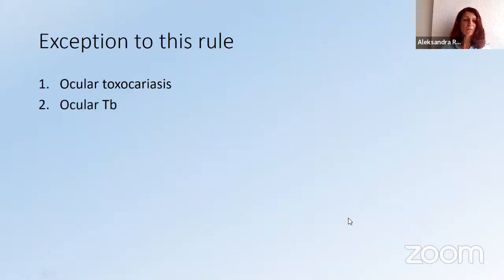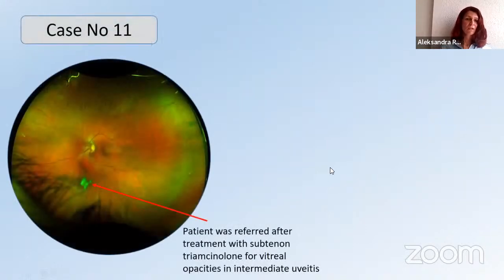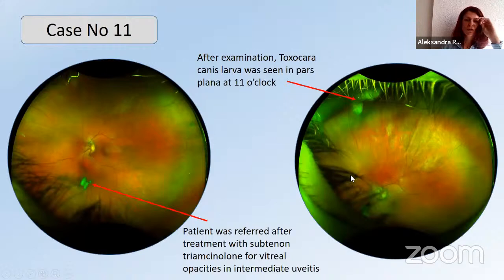Exceptions to this rule are ocular toxocariasis and ocular TB. This is a patient who was referred after treatment with subtenon triamcinolone for vitreal opacities in intermediate uveitis, as it was thought to be due to those opacities in the vitreous. However, after examination, Toxocara canis larva was seen in the pars plana at 11 o'clock and was also documented in serology.